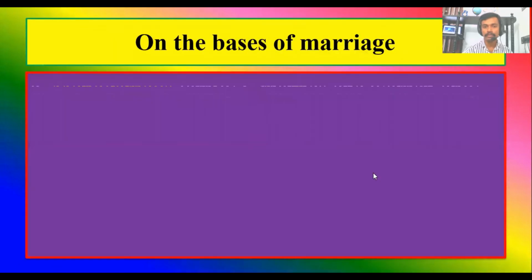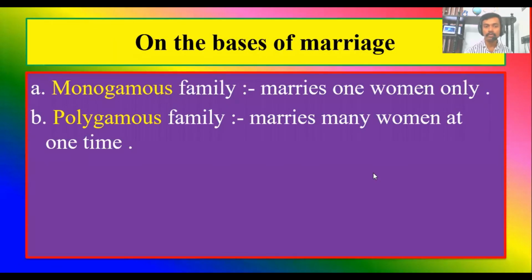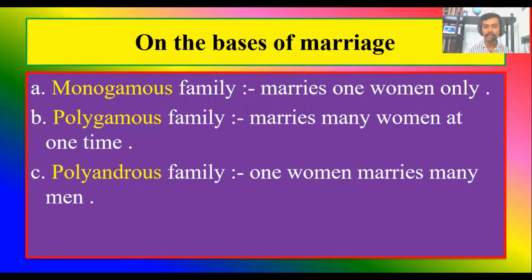Then on the basis of marriage, monogamous family: only one husband, only one wife. Polygamous family may have many women; a man marries many women in that family. Then polyandrous family: one woman marries many men in a particular family.